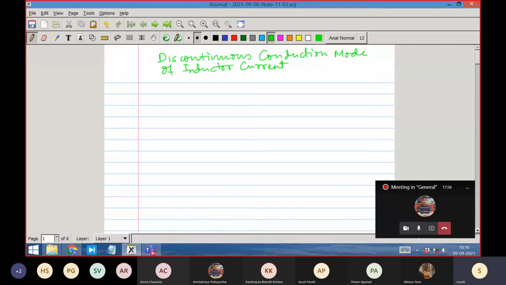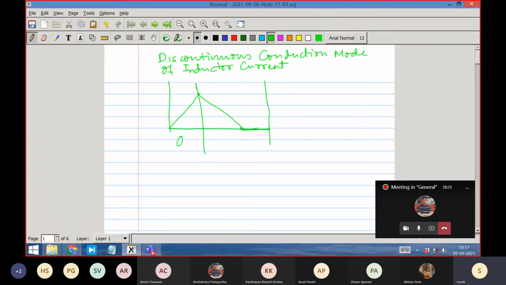And as per the load, this may go into discontinuous mode, and this discontinuous mode of inductor current is stating that current cannot be negative because the diode current cannot be negative. So this current will then shape like this, because at this point it will come to 0 and stay 0.